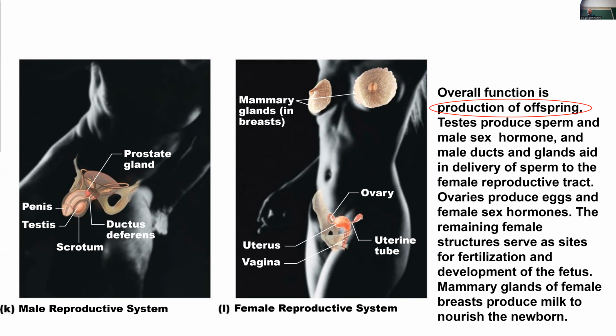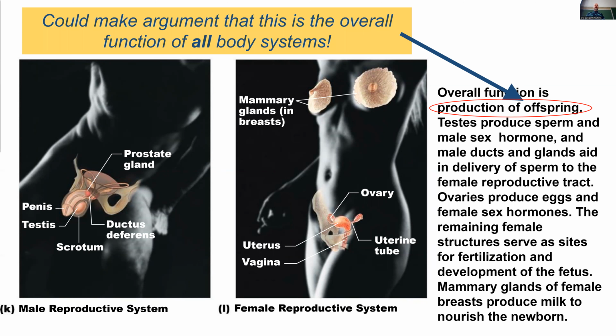And we can make an argument that the ultimate endpoint of all of these organ systems we've talked about, integumentary, cardiovascular, lymphatic, et cetera, is actually this, to produce offspring. In an evolutionary sense, none of these things would be important if they didn't ultimately allow humans to produce more humans, and then so on and so on.